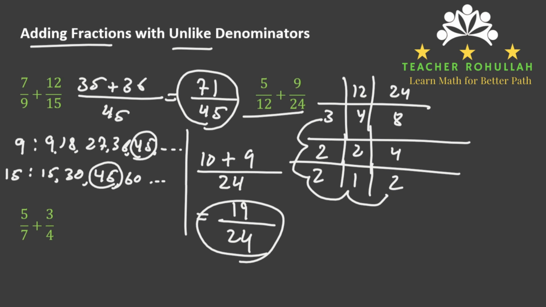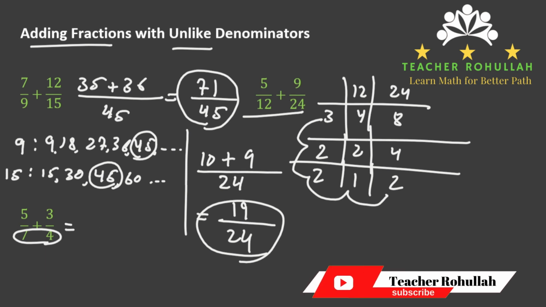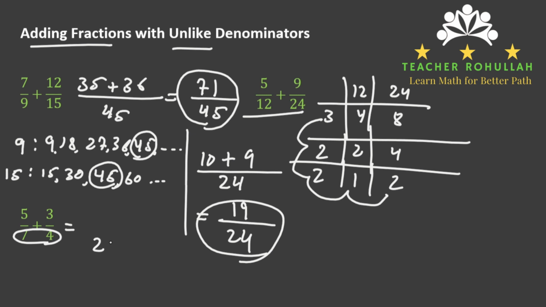To solve this problem, I will use the butterfly method. I will multiply these two and write the result as the denominator. So let me write 7 times 4 is 28. Then I multiply these two. So 4 times 5 is 20.